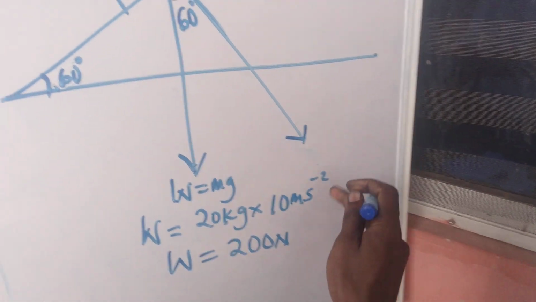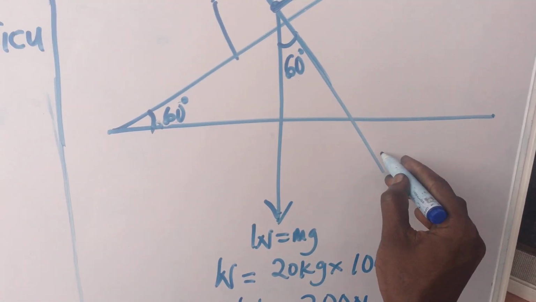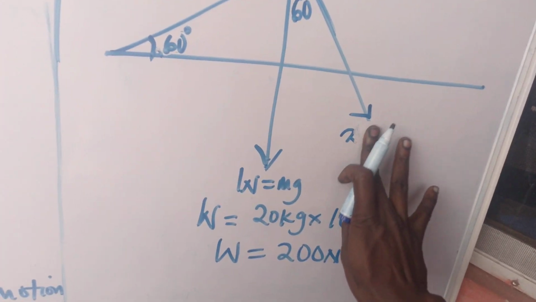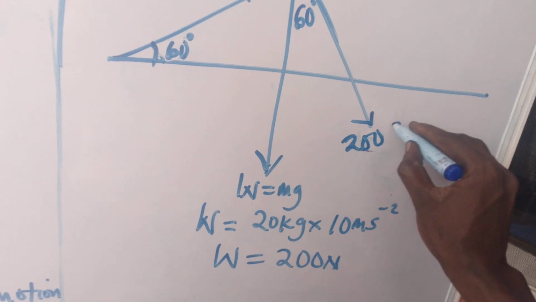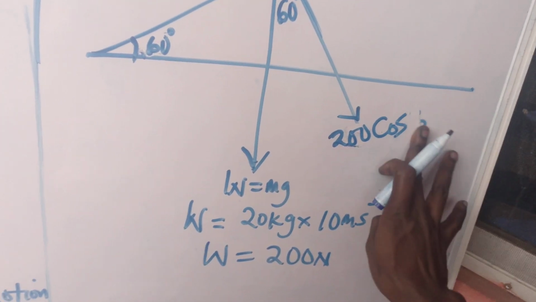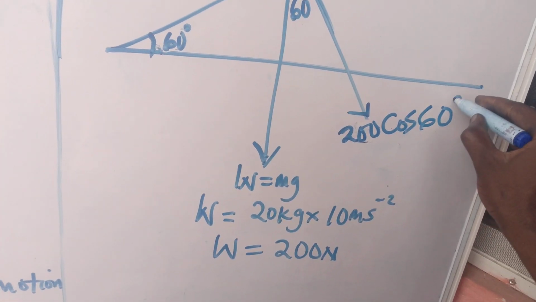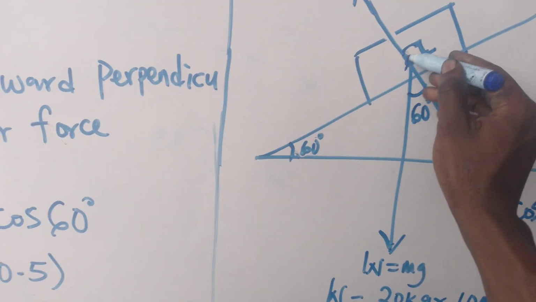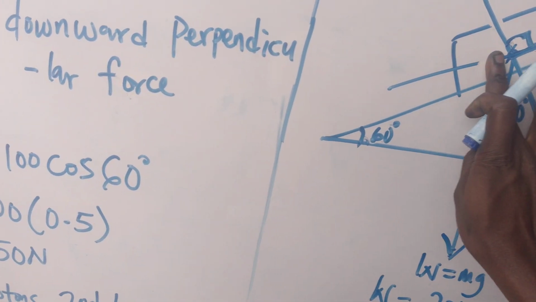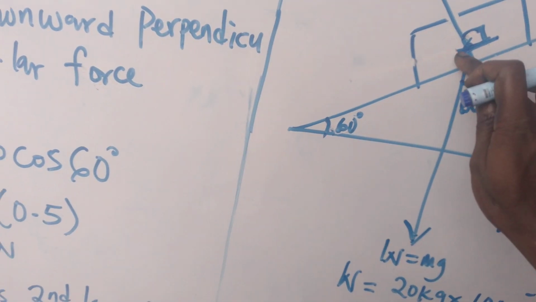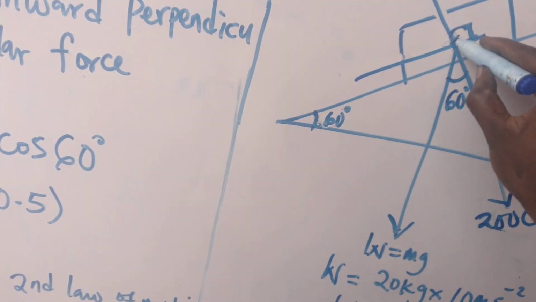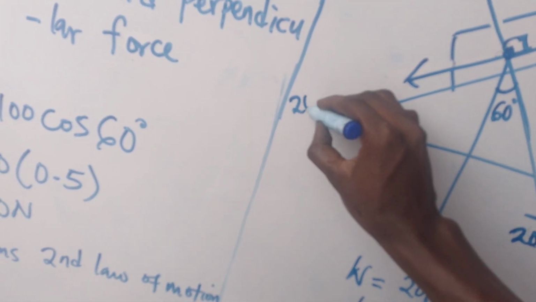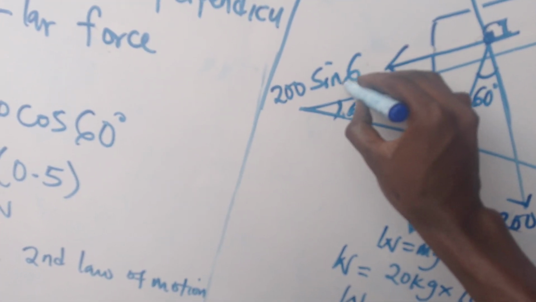Resolve this one this way, and I'll have 200 cos 60 degrees, and I resolve this one this way, I'll have 200 sine 60 degrees.